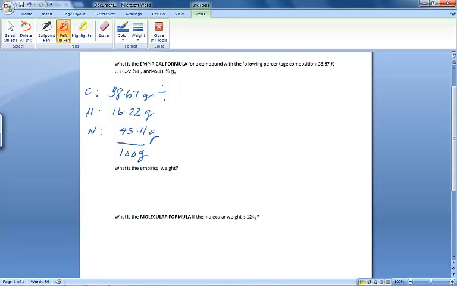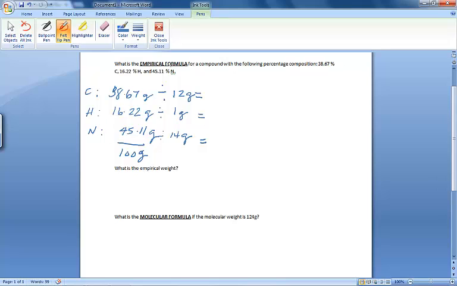So carbon's atomic mass is 12 grams. The atomic mass for hydrogen is 1 gram approximately, and nitrogen is 14 grams. So again, here we are dividing by the atomic mass. This will give us the number of units of each of these elements: how many carbons, how many hydrogens, how many nitrogens are in this empirical formula.